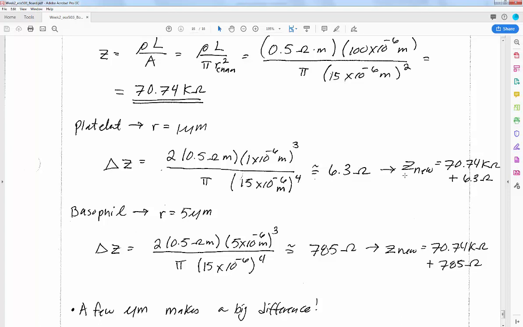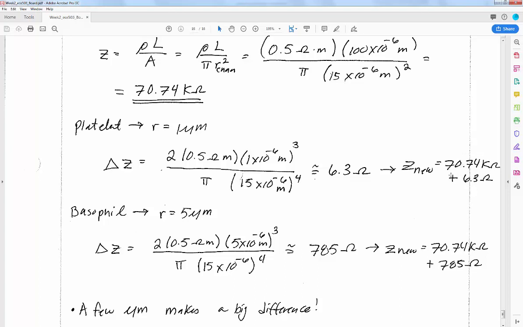Now that's pretty shocking, and that's why I tell you not to round off too much, because we're talking about a 6.3 ohm change on top of a 70.74 kilo ohm resistance. That's 4 orders of magnitude difference, right? 3 orders of magnitude is 1,000, but then you have 70,000, so this is 4 orders of magnitude larger.